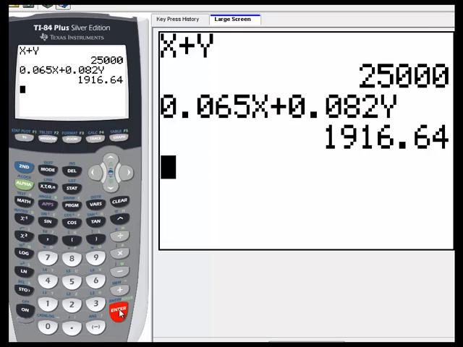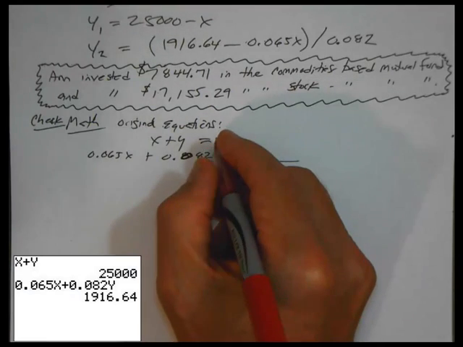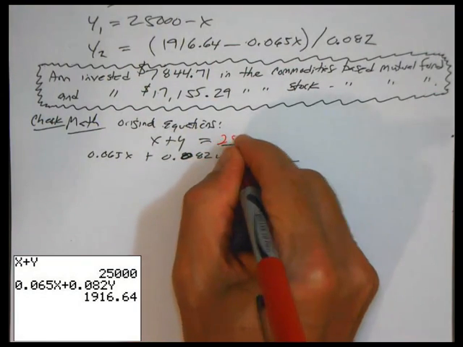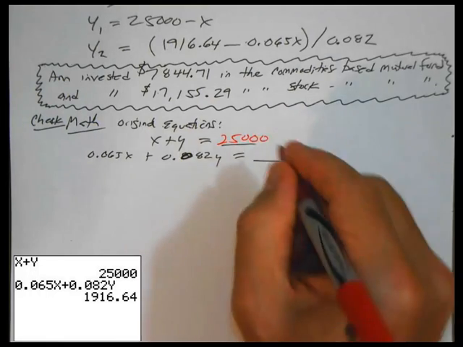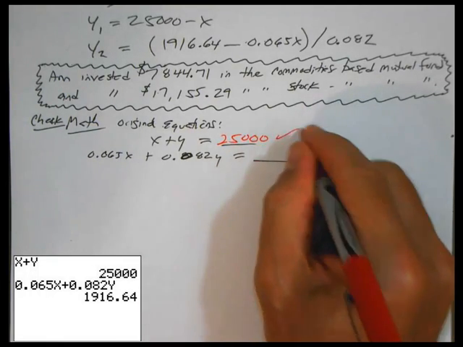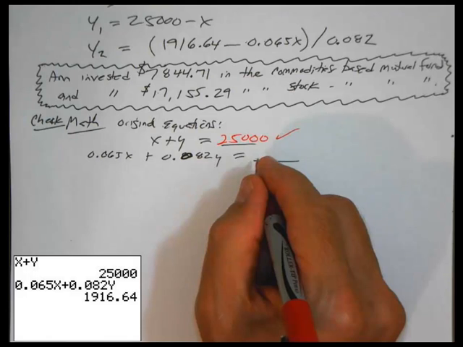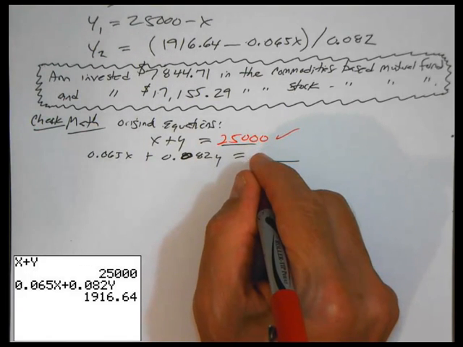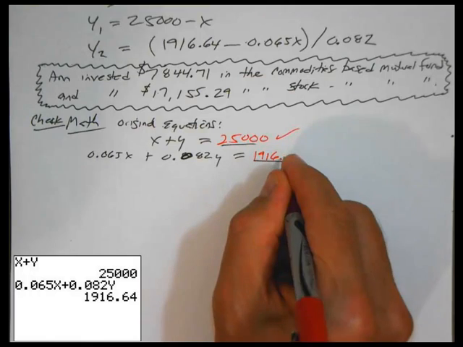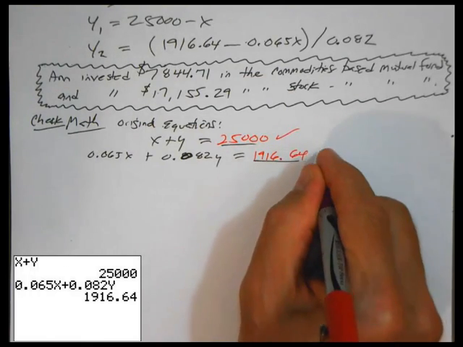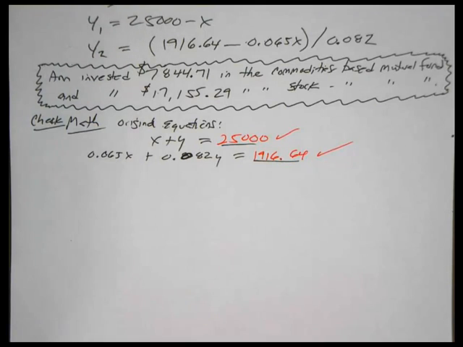Okay, same as the original second equation. Alright, looks like we have our math check in order. Go back to the paper. Okay, so we found the calculator came up with 25,000 here. That's the same as the original first equation. And then the calculator calculation, 1916.64, agrees there. So at least the math part looks pretty good.